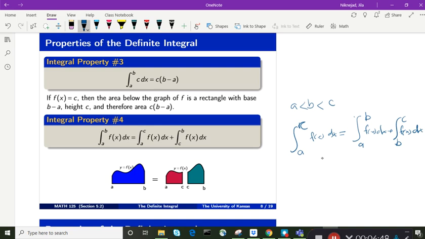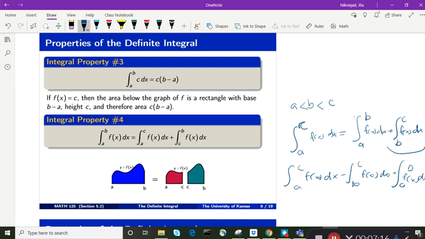And in here, I'm going to basically subtract this integral from both sides and get the integral from A to C of f of x dx minus the integral from B to C of f of x dx equals the integral from A to B of f of x dx.